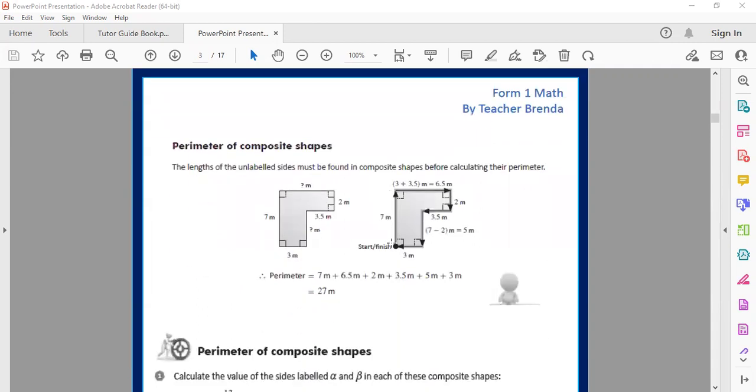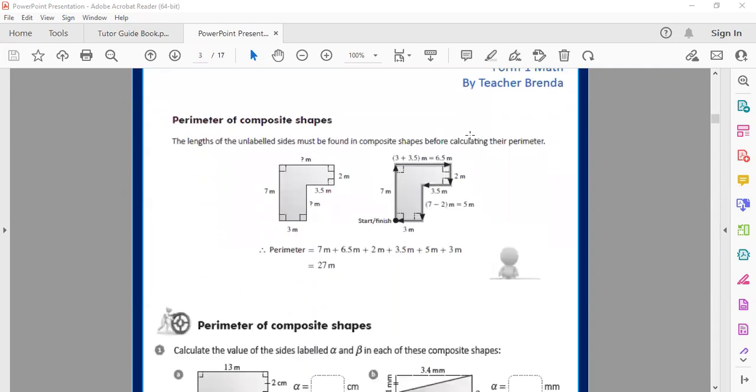I'm going to move on to what we call the next level, the higher level of solving perimeter. Look at this, composite shapes. Composite shapes means two shapes joined together. Now, what are they telling you? That the lengths of the unlabeled sides must be found in composite shapes before calculating the perimeter, guys.